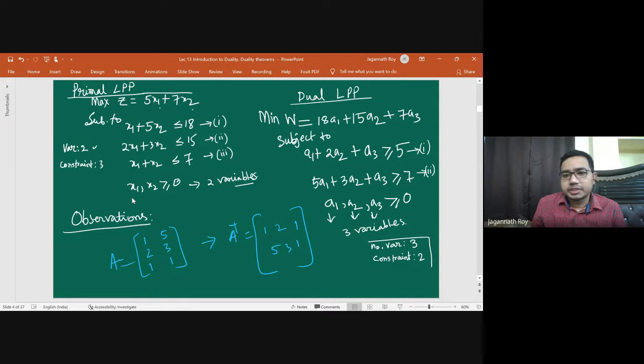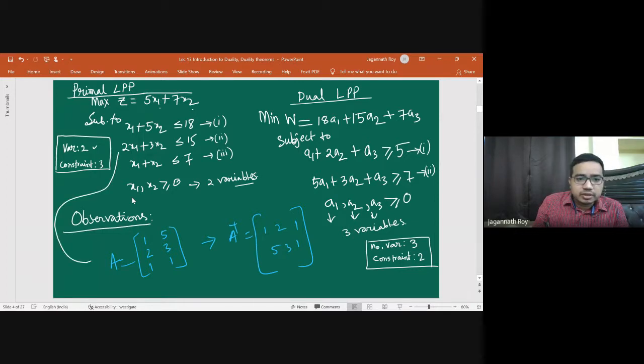These are some changes that we can see. Also, the coefficient matrix for this primal problem is A equals 1, 2, 1, and 5, 3, 1.